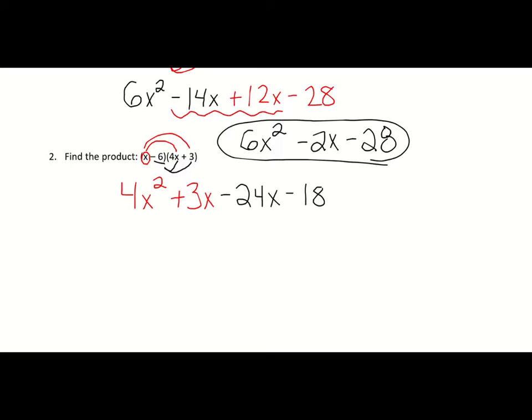Once you have distributed everything, you'll notice in the middle 3x and -24x are like terms. We're going to combine those to get a total answer of 4x squared, 3 minus 24 would make -21x. And then -18.